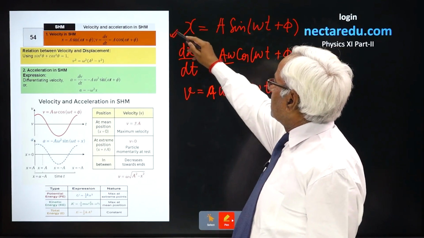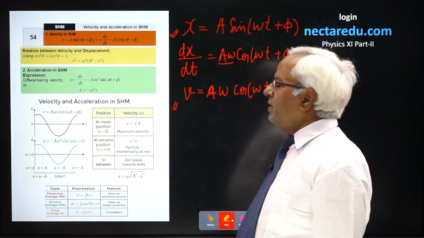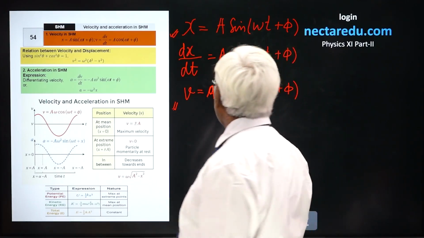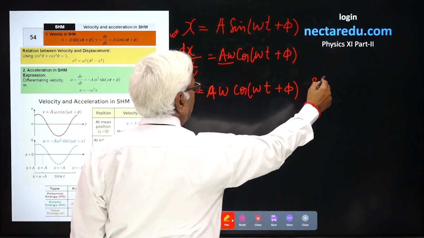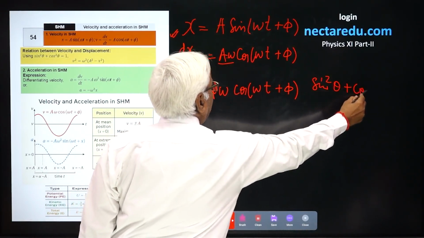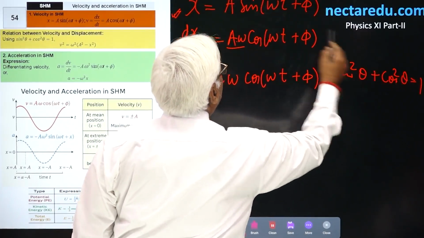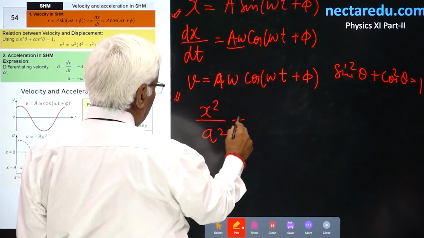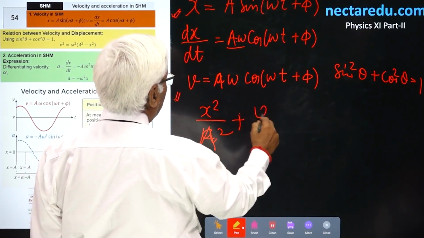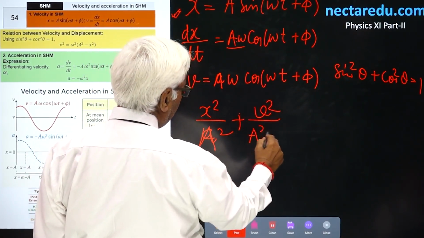This is the relation for displacement. This is the relation for velocity. If you use the relation sin²θ + cos²θ = 1, here you can write x²/A² (A capital), then v²/A²ω².